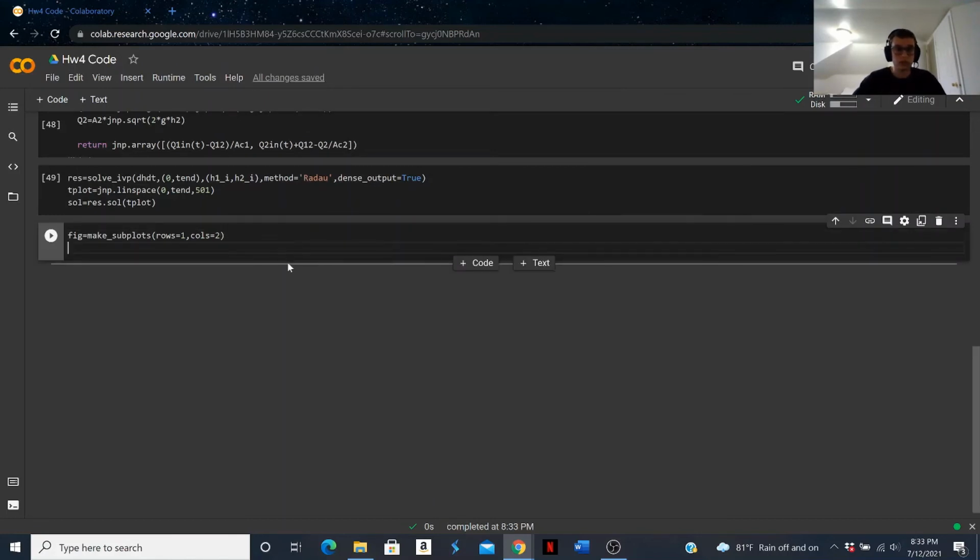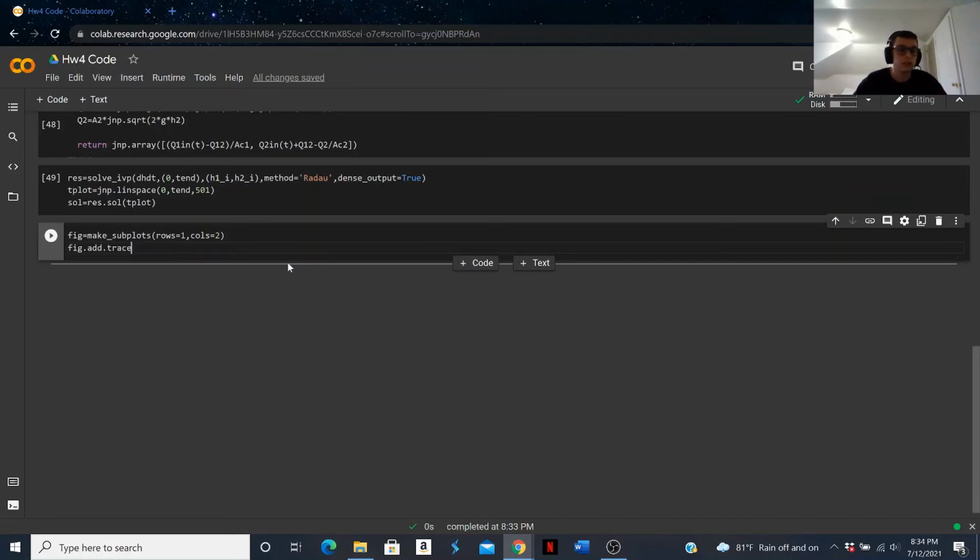And we're going to add 4 traces, so fig.add_trace. And they're all going to be scatter plots.